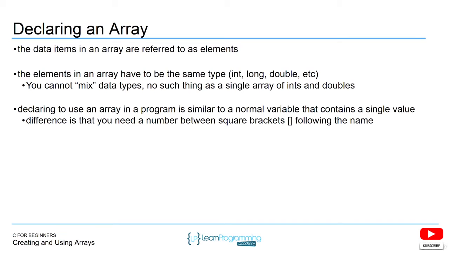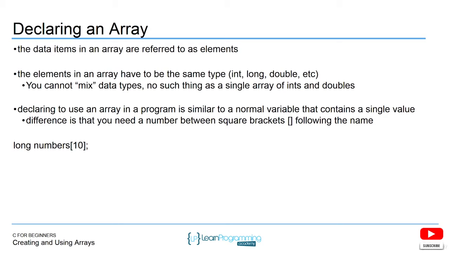Declaring and using an array in a program is similar to a normal variable declaration. All you have to do is specify the name and then use brackets. That's the only difference, this idea of square brackets following the name. Here's an example. This looks like a normal variable declaration, but you have these brackets, and there's a number inside them.